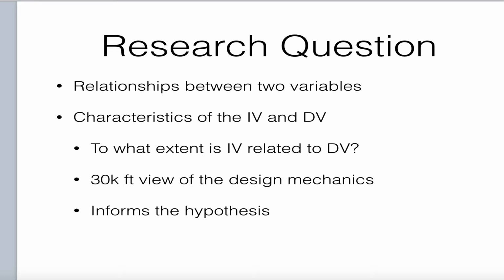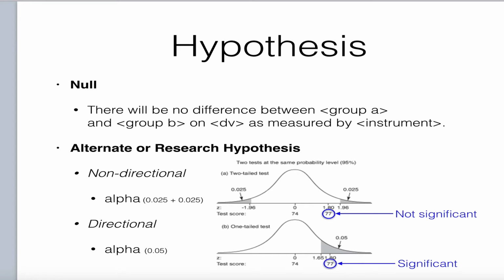The research question drives the entire research project. Research questions are typically 30,000 foot views of the design mechanics, and they establish the relationships between two or more variables. The characteristics of the independent and the dependent variable are defined in the research question.